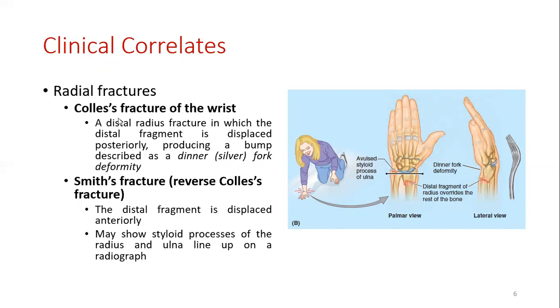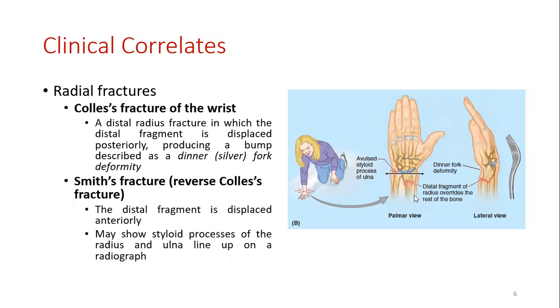And for Colles, you end up with what's called the dinner fork deformity. So notice how for this particular patient, she fell, the force of the fall is pushing in this direction, which because of anatomical position, it's actually pushing posteriorly. Remember, our anatomical position is on the dorsal side of our hand. So because it's pushing posteriorly, you actually end up with posterior displacement of that broken piece of your radius.